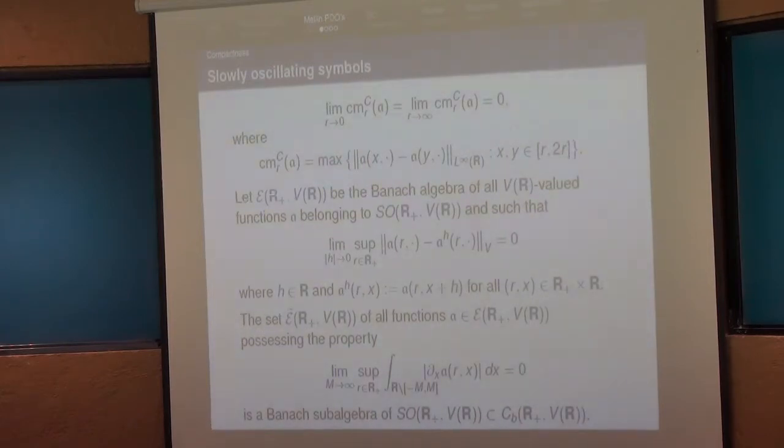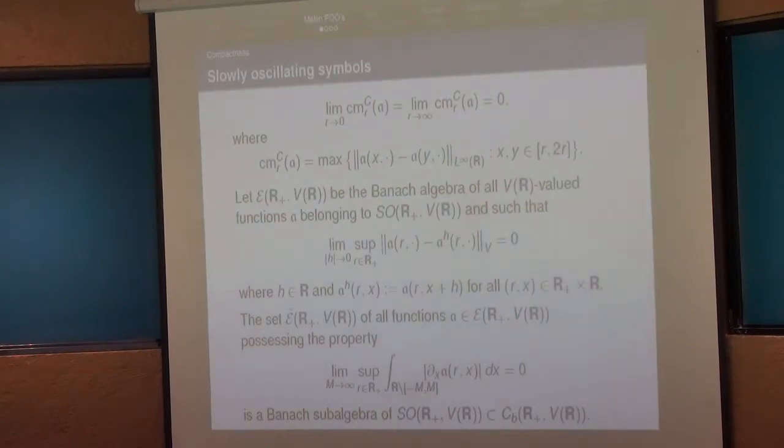Now we consider a Banach subalgebra of V(R)-valued functions which belong to this class, but moreover satisfy the following condition. With respect to the dual variable in V(R) norms, these are continuous, when H, this symbol here, is given by the following formula. And we need a smaller Banach subalgebra E tilde of R plus V(R)-valued of all functions in that algebra which possess the property that slow oscillation over the interval minus infinite to minus m and m to plus infinite tends to 0 when m tends to 0.